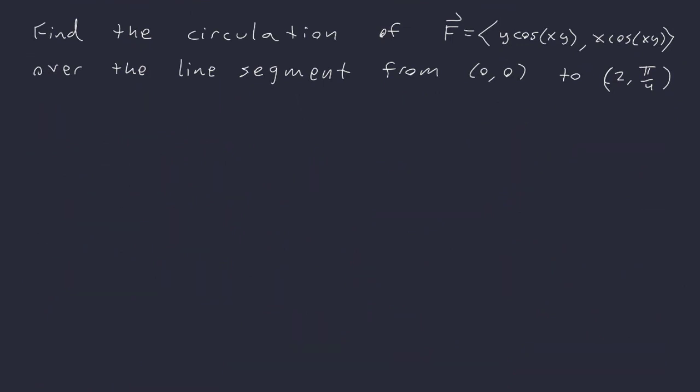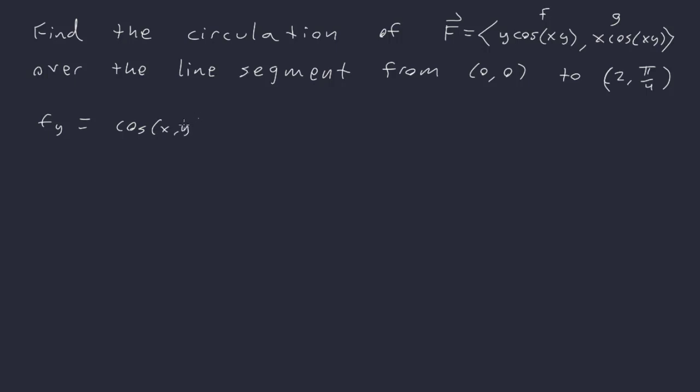Okay, let's see what happens if we try and use the fundamental theorem of line integrals. Using the fundamental theorem of line integrals, first we need to check that f is conservative. If this is our little f and this is our little g, f sub y is going to be a product rule.